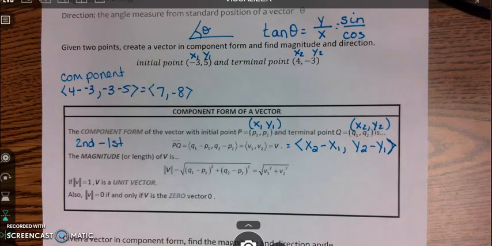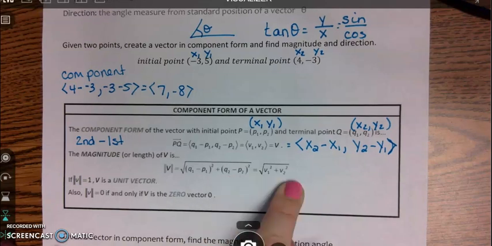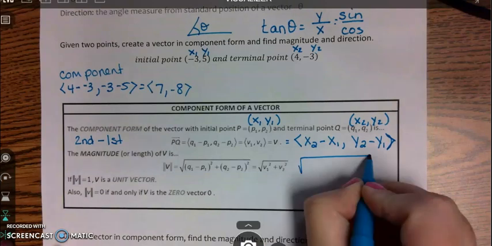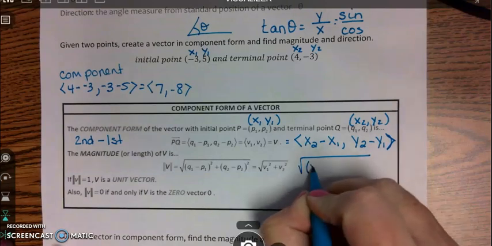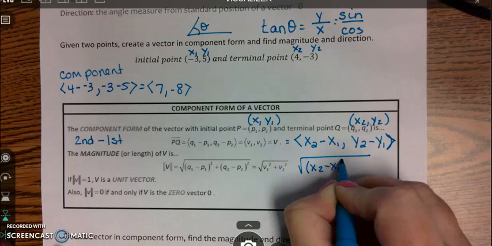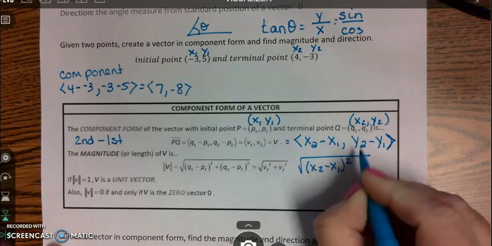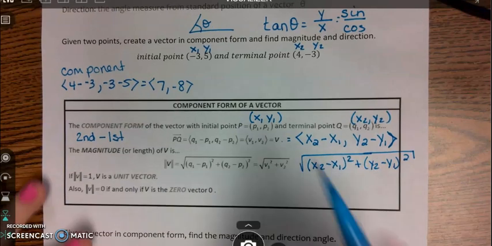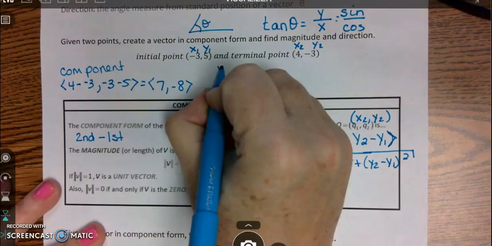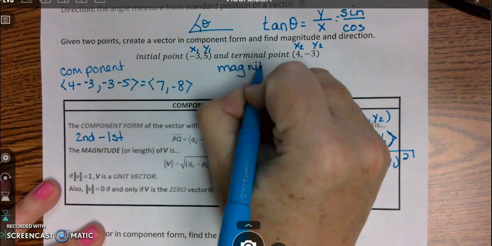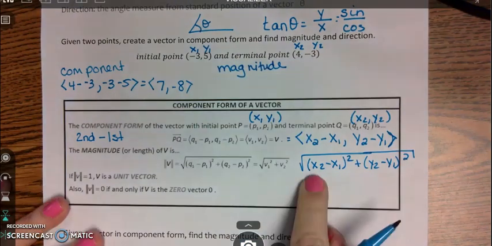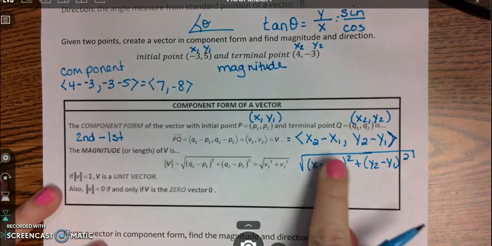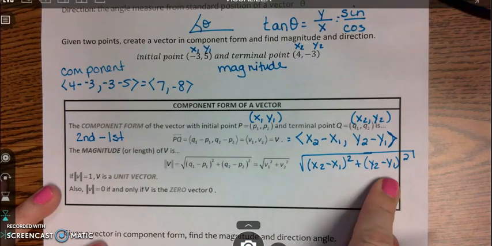Now, how to do it in magnitude. Here's the formal formula for magnitude, with x1s and y1s, plus y2 minus y1 squared. Or we can do it this way, because if you look, it's really just the component form where we square each term, add them, and square root it.